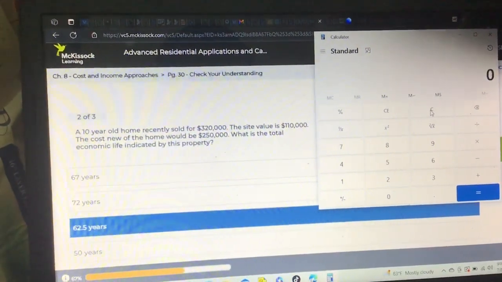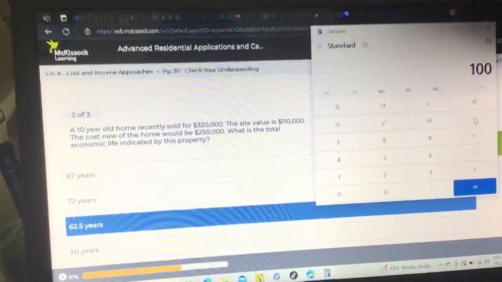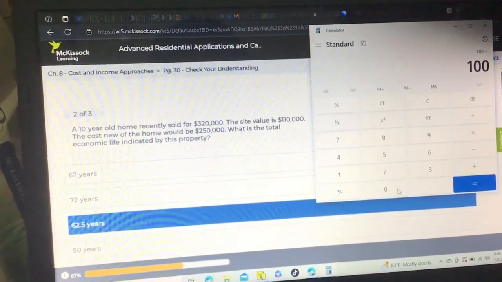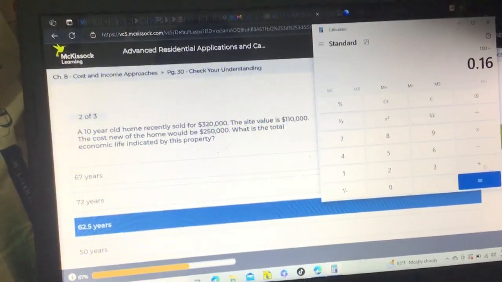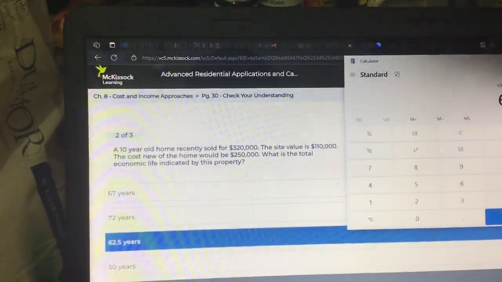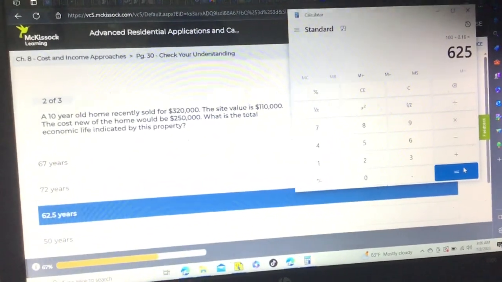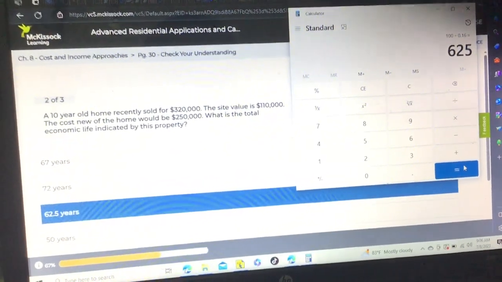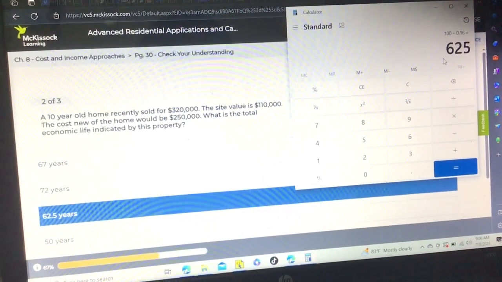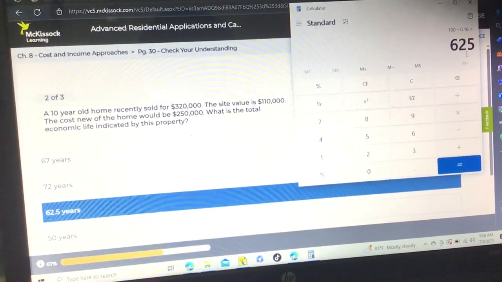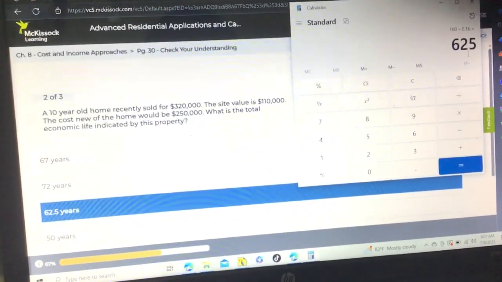How about we go 100 divided by 0.16. Okay, check it out. That kicked out 625. Now if we move the decimal over 1, 2, it leaves you 62.5 years.